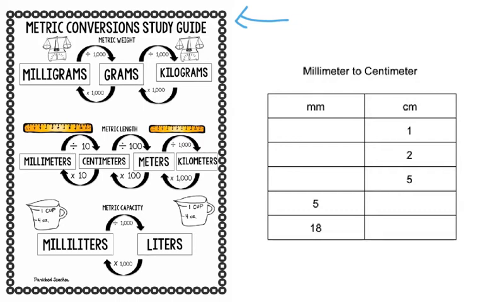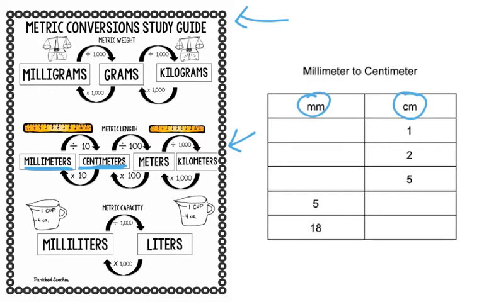All right, so we're going to start with millimeter to centimeter. So that means we're looking at the chart in the middle because we're talking about metric length. And so what you want to do is you want to find the units of measurement that we're talking about. So right now we're talking about centimeters, and over here we have millimeters.